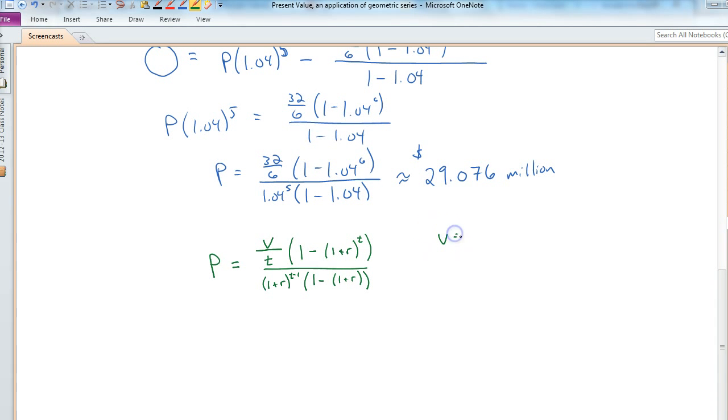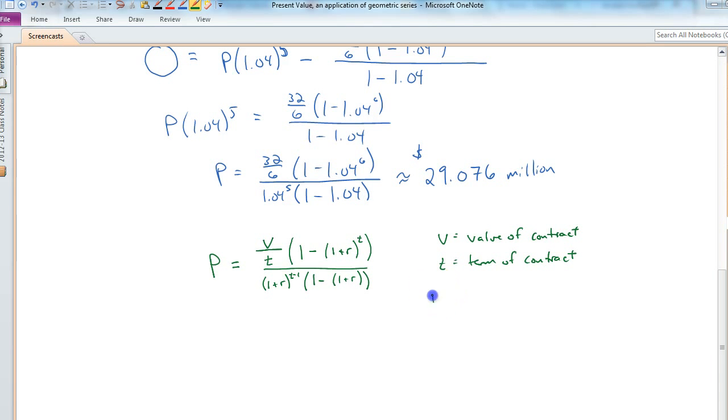There's probably maybe a simpler way of writing it, but let me just write down my assumptions here. I said V is equal to the value of the contract. Not the present value, but how much it's worth at the end. T is the term. And P is the unknown present value.